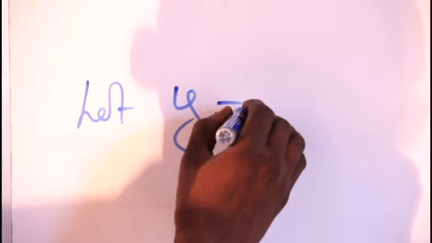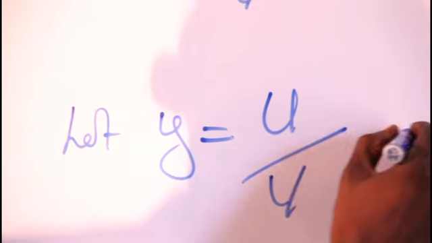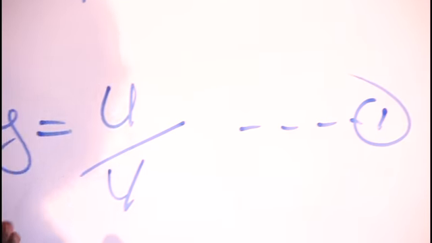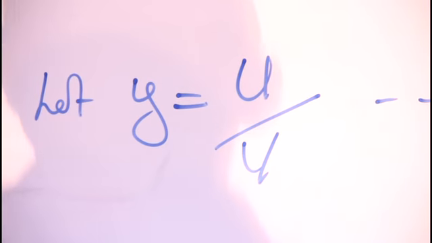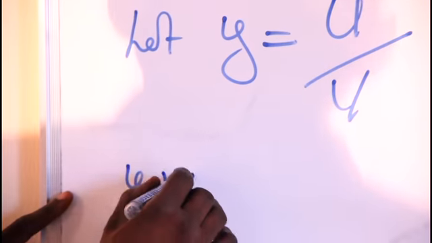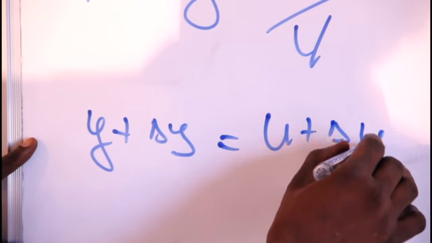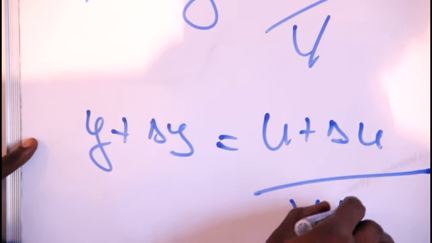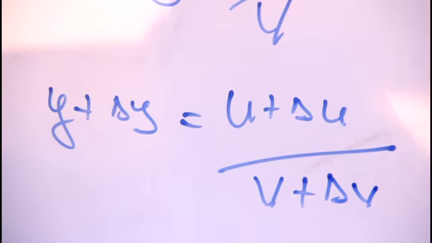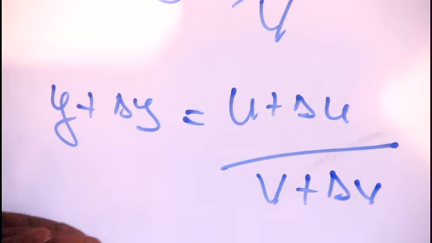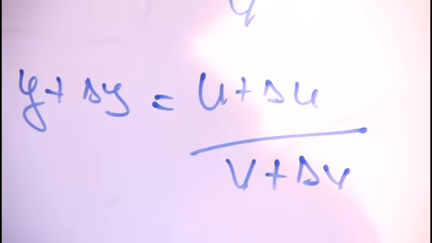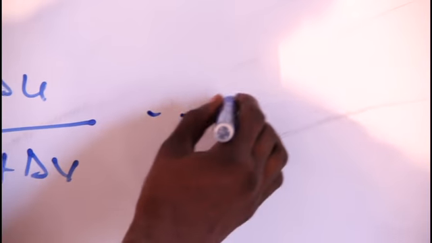Let y equal to u over v be equation 1. Then an increment in x will affect this. That will now give you y plus change in y equal to u plus change in u over v plus change in v. Since you cannot simplify further, you call this equation 2.